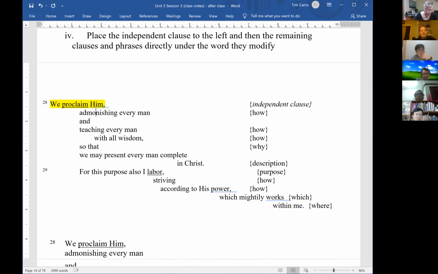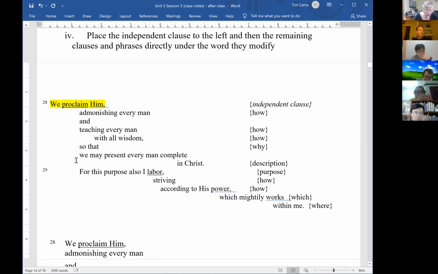Now, what I want to do is show you from this passage a structure that Paul has put together, or that Paul has identified, not our Paul, but the Apostle Paul here. And one other thing to consider whenever we look at these phrases and clauses is this one, for example, for this purpose I labor.